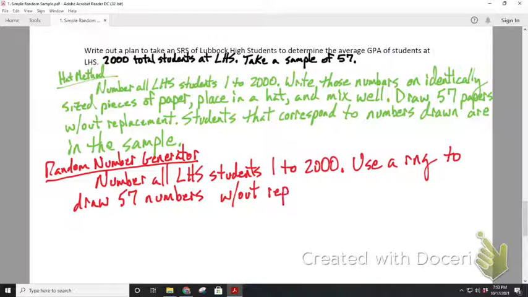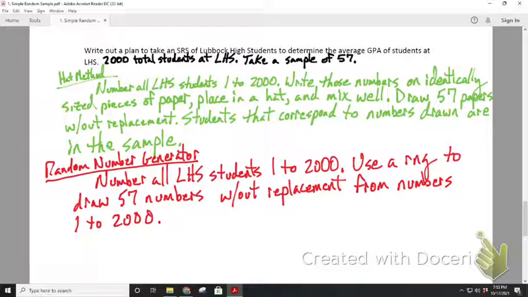And I get extra concerned with random number generator about that sampling frame, so I'm going to write it again. From numbers 1 to 2,000.